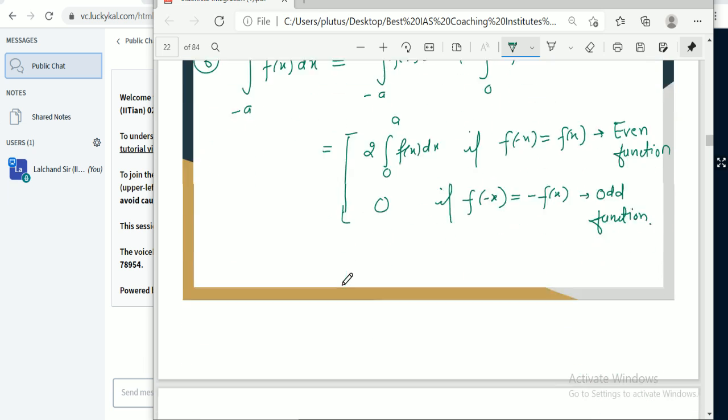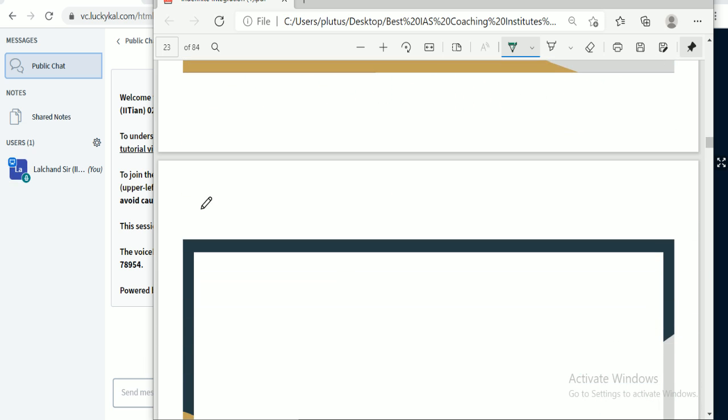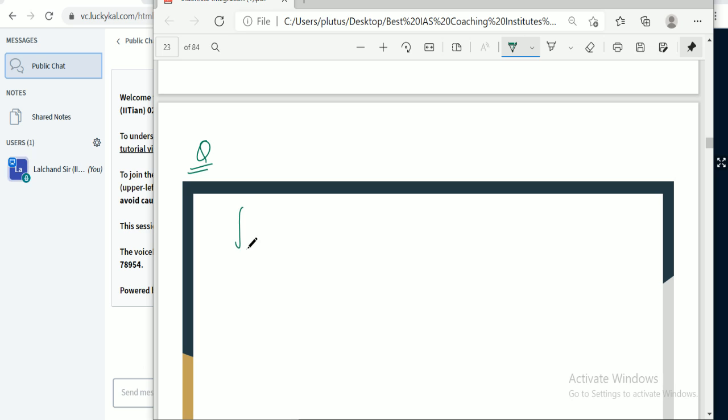Okay, let us try to solve one question. Here we have a question: integral 0 to 4 pi, dx upon cos square x into 2 plus tan square x.